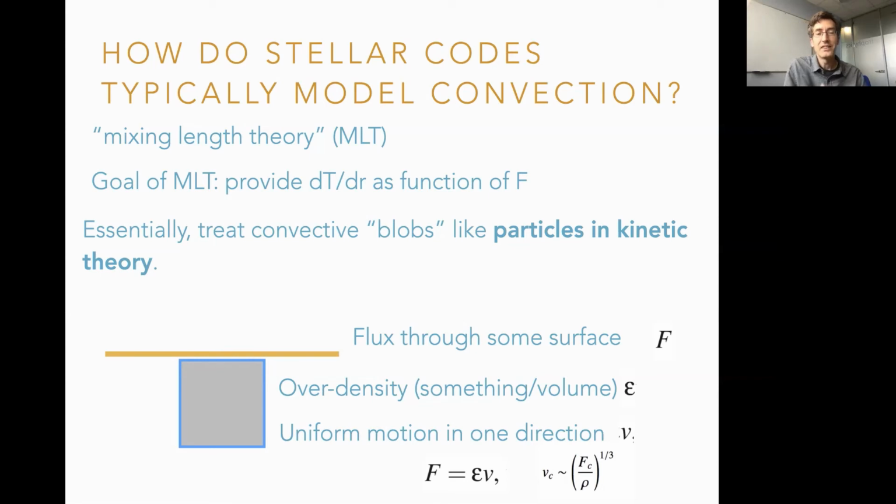I'm not going to go through a detailed derivation of this stuff, but I just wanted to motivate it a little bit. In kinetic theory, suppose that you wanted to calculate the flux of bugs through your windshield as you drive across the country. And you know the density of bugs per unit volume, let's say, is epsilon, and they're moving in just one direction, towards your windshield.